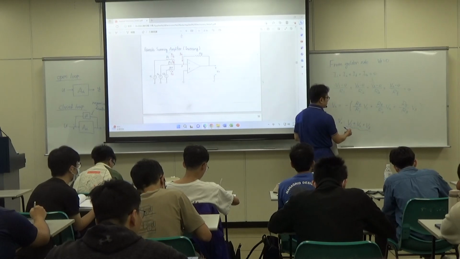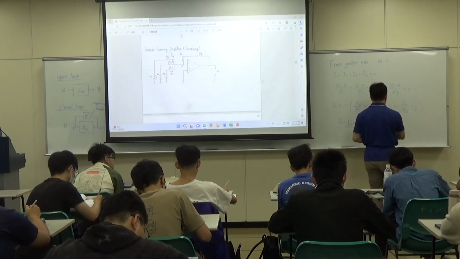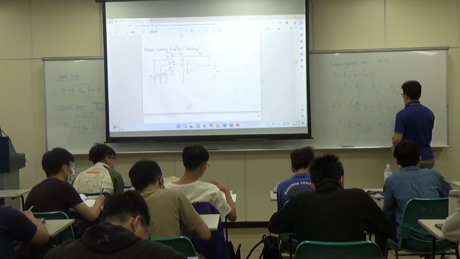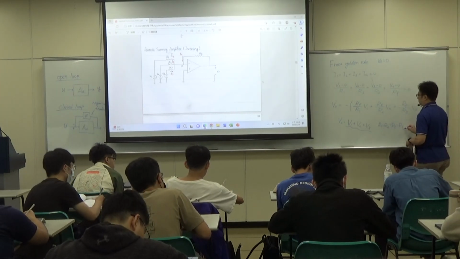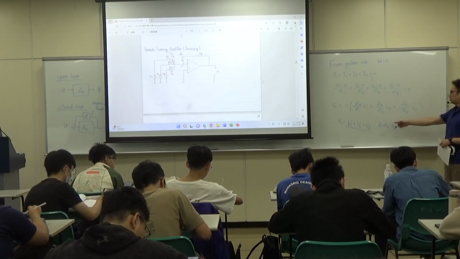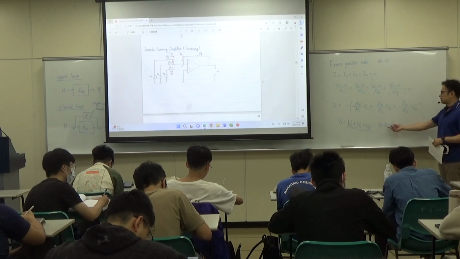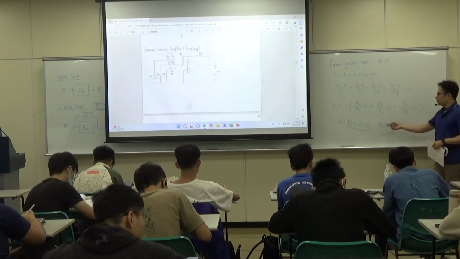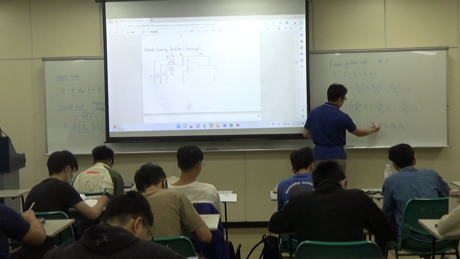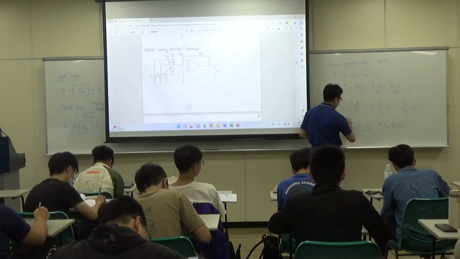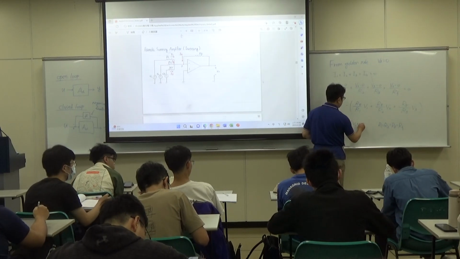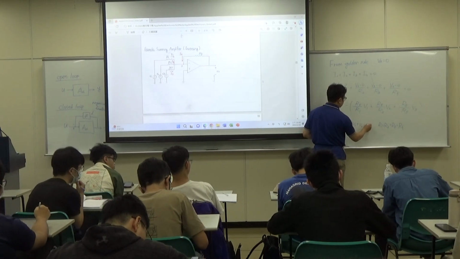We can choose R1 equals R2 equals R3 equals RF, right? If we make the resistors all the same, we will have a minus, right? Minus V1 plus V2 plus V3.